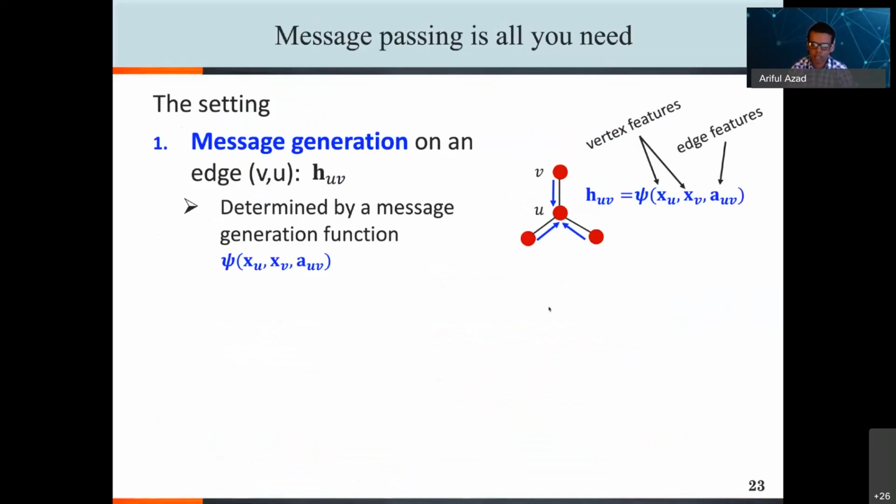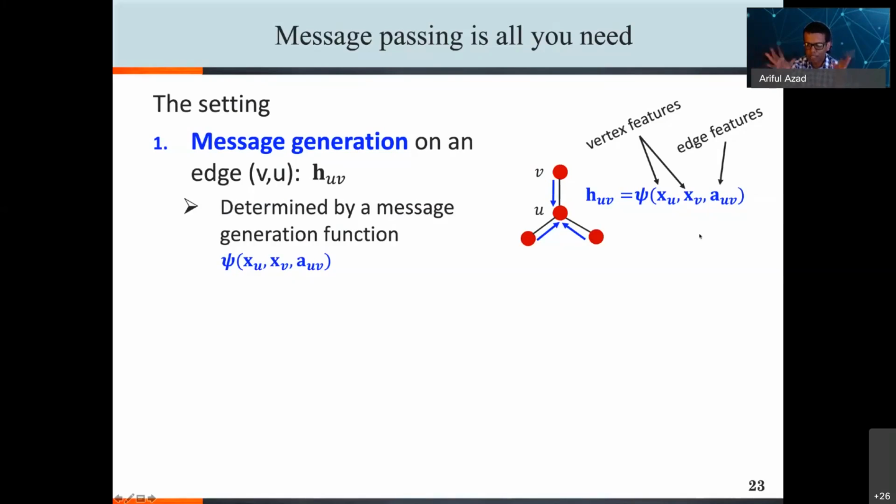In step 1, for all edges adjacent to U, we compute messages. For example, for this particular edge from V to U, we'd like to compute the message, and I denote that message by HUV, where UV denotes the edge. That is a function of 3 things: the vertex feature for vertex U, the feature of vertex V, and if we have any weight or feature on that edge, that is also considered, which is AUV.